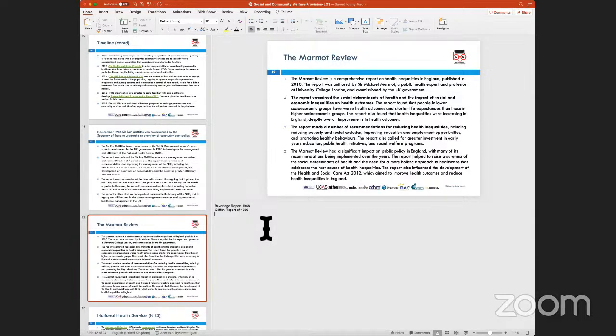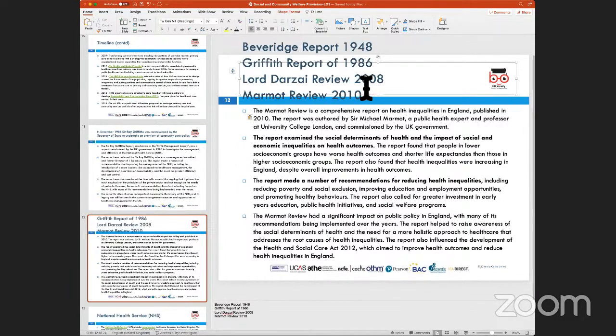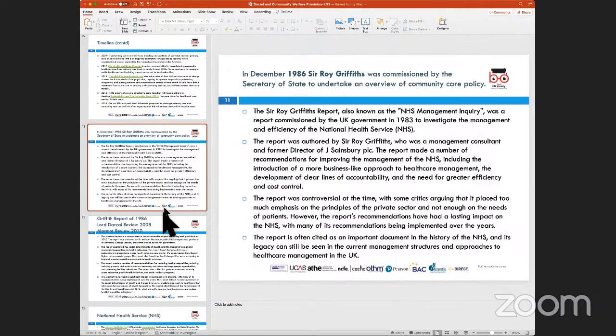Then we have the Marmot review of 2010. And last but not least, before the Marmot review, we also have the Lord Darzi review of 2007, 2008, I think. So these 4 reports are what I would suggest everyone should be aware of and should have read in this course. These are very important.